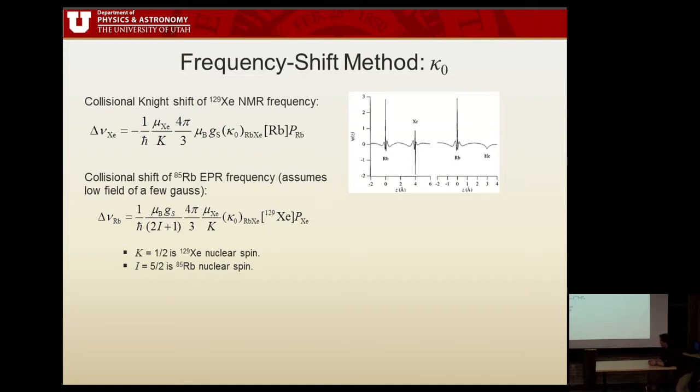And remarkably, in the case of xenon, this enhancement over what you would assume, if you took all of the rubidium and you smeared it out over a sphere, and you gave it the magnetization that it has when we polarize it, then kappa naught would be 1. The enhancement would be 1.